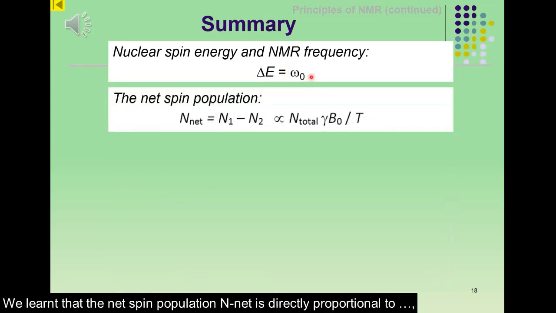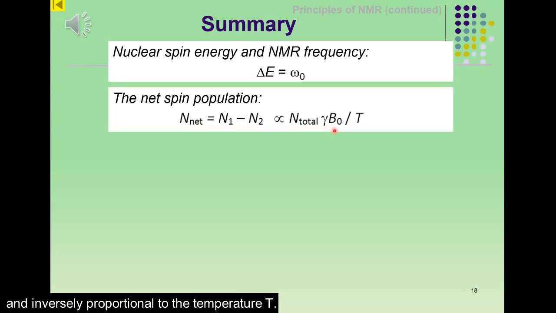We learned that the net spin population N-net is directly proportional to N total, to gamma, to B naught, and inversely proportional to the temperature T.